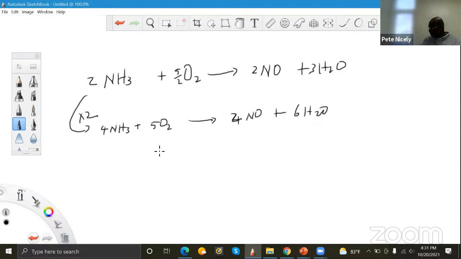Okay, I don't want to spend too much time on this part here. I want to get to some other sections. So I'm just going to do the next one, which is NaClO3 to form sodium chloride, NaCl plus O2. So how would you balance this one?